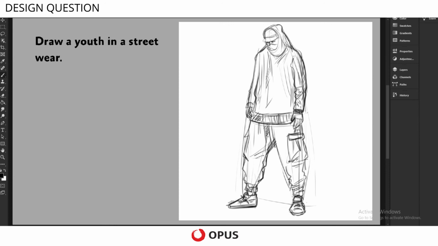So you see, we are getting the required structure of the clothing by putting appropriate strokes and shades in appropriate places.